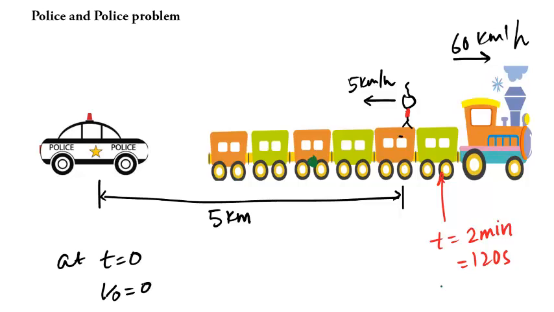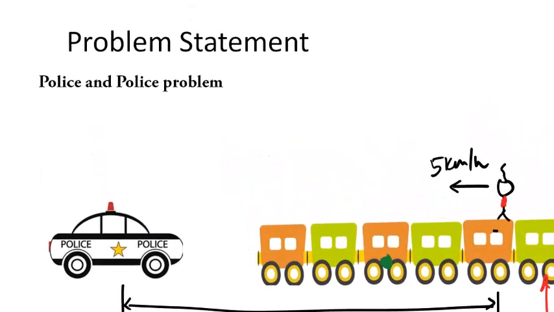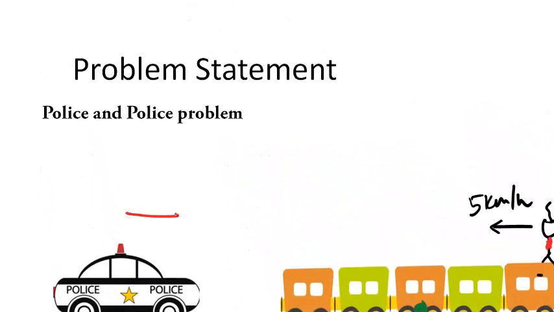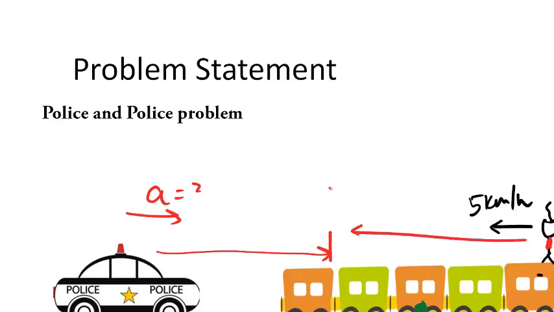Now the question asks, at what constant acceleration does this police car have to move to reach somewhere over here, so that this guy will jump from the train onto the car? That is what you have to find.